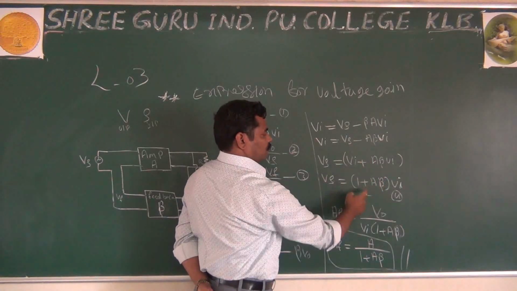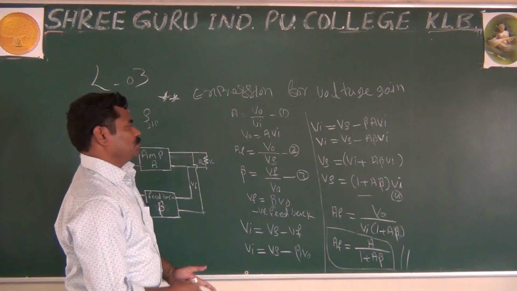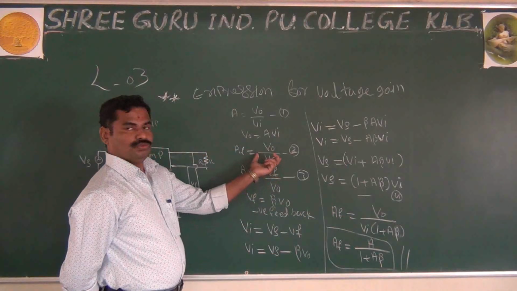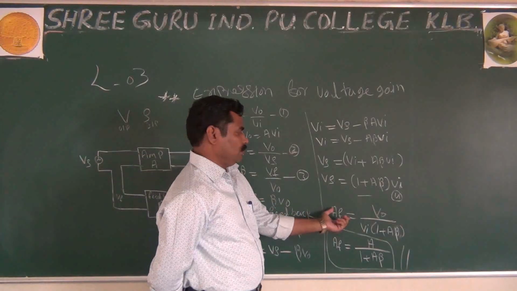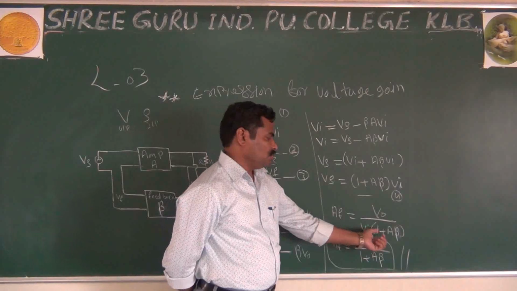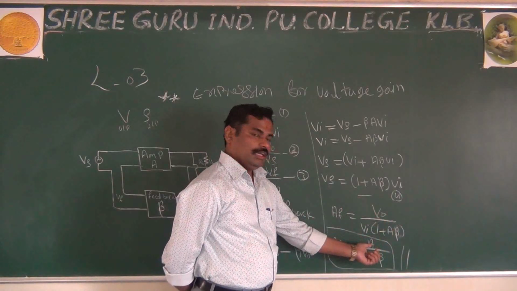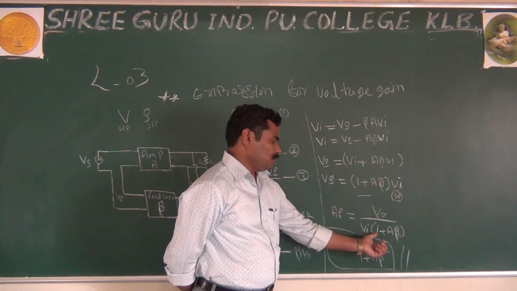Taking Vi common, 1 plus A beta into Vi is Vs. This Vs you substitute in equation number 2. That becomes AF equal to V naught by Vs, that is V naught by Vi times 1 plus A beta, and V naught by Vi is only A, the voltage gain, with 1 plus A beta as it is.